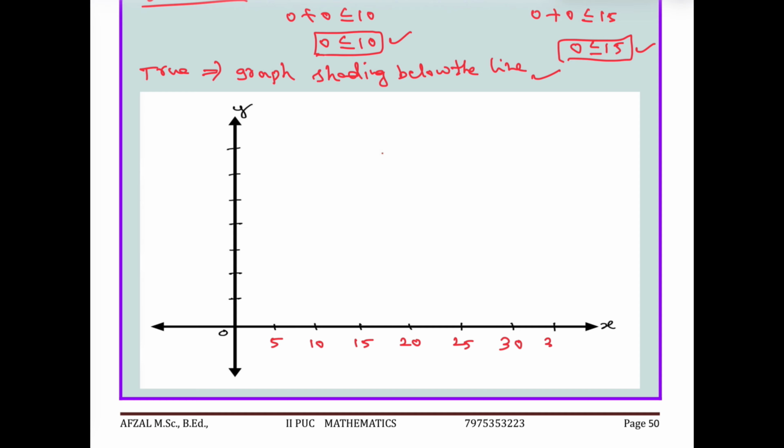Next, transitive. If (a, b) belongs to R, that means a is less than or equal to b. (b, c) belongs to R, that means b is less than or equal to c.